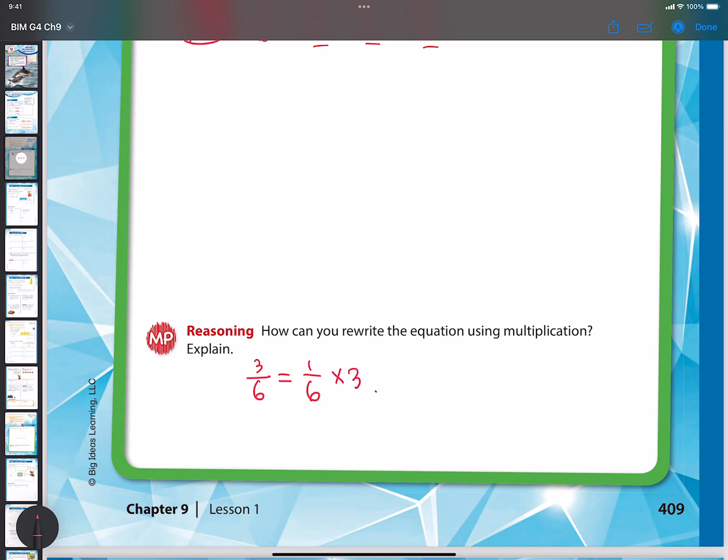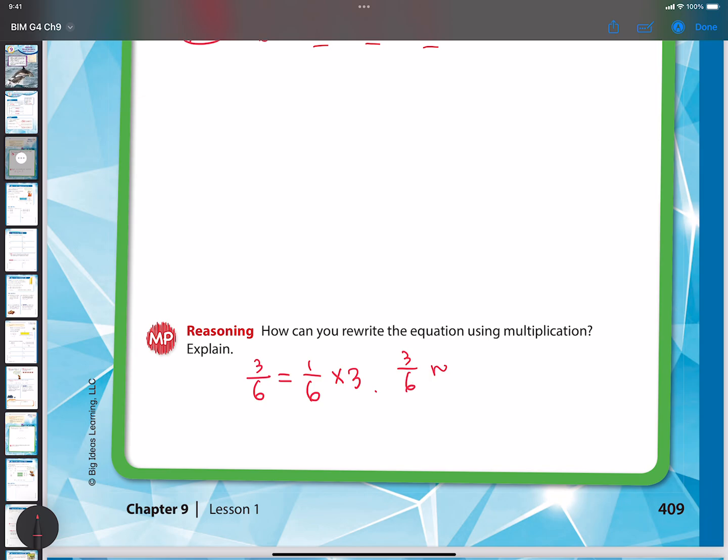Make sense? So this 3 over 6 can represent 3 parts that are each 1/6 of the whole. Maybe I can write it for you.